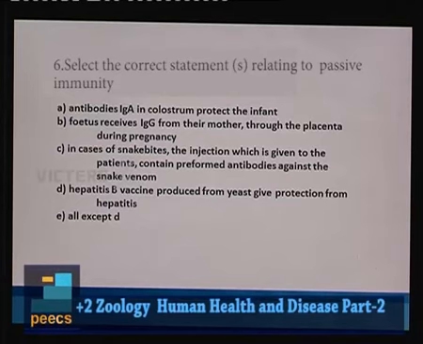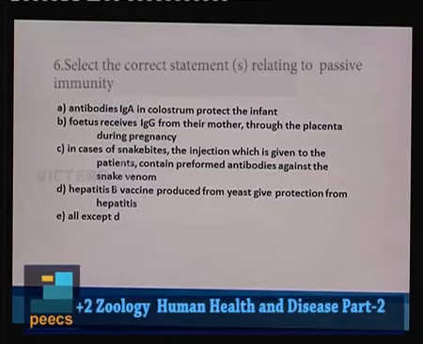Option A, IgA antibodies in colostrum protecting the infant. This is passive because antibodies are entering. What about option B? The fetus receives IgG from the mother through the placenta during pregnancy. This is also passive because antibody is coming, and both A and B are natural types of passive immunity.